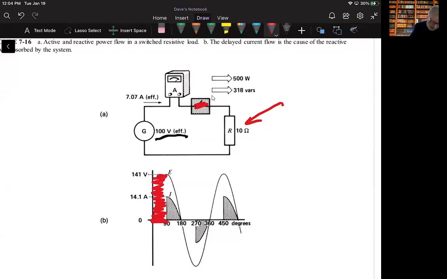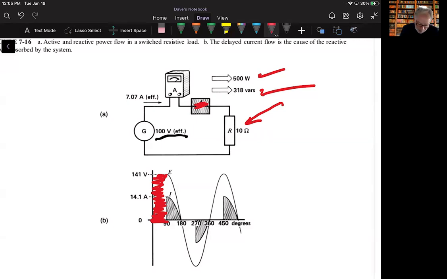And so if you connected a watt meter and a var meter between the source and the switch, for instance, you'd read 500 watts active and 318 var reactive. And if you did the calculation based on those values, we would find a power factor that was around 84.4%.